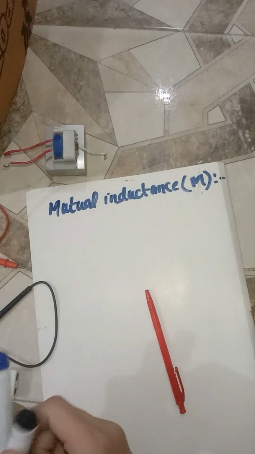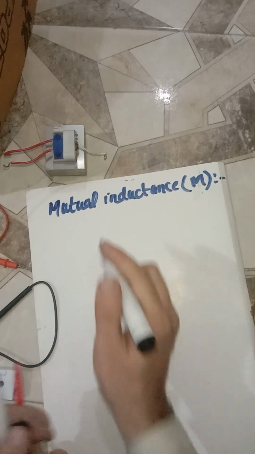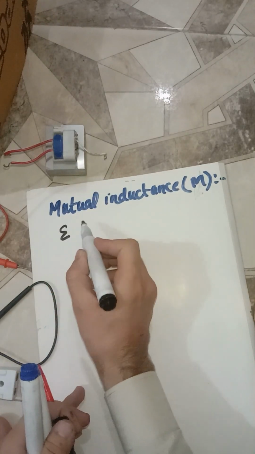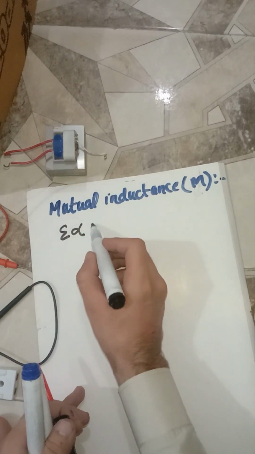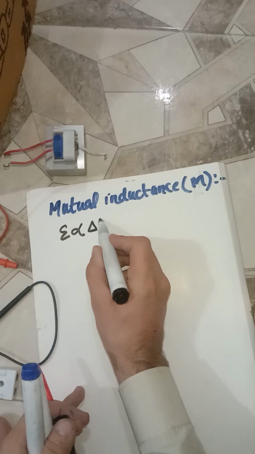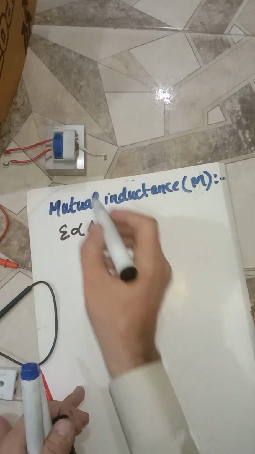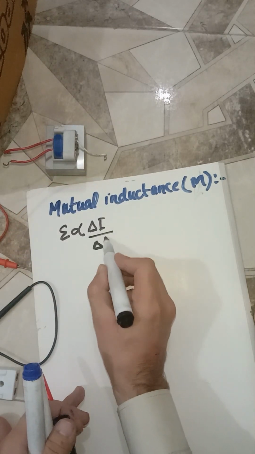So the EMF induced in the secondary coil is directly proportional to the change in the current in the primary coil at time del t.